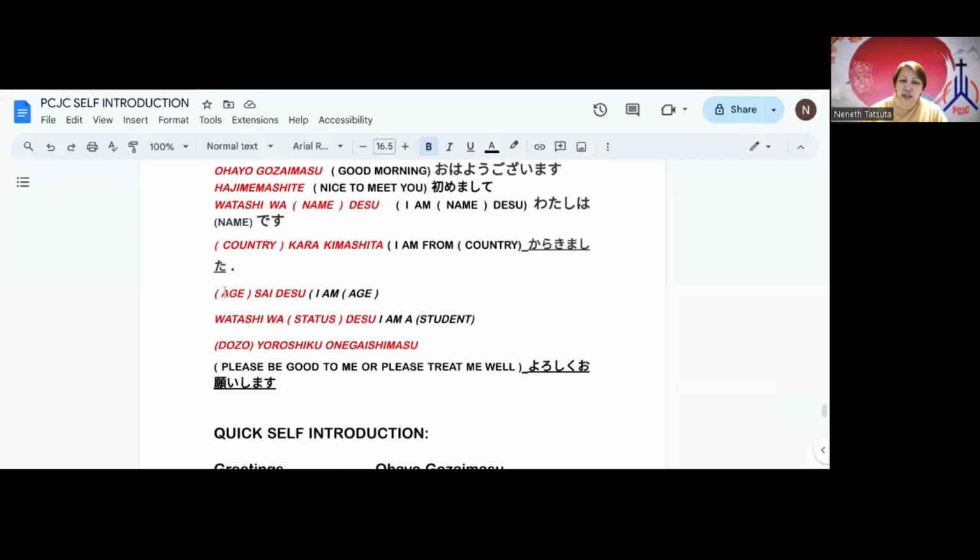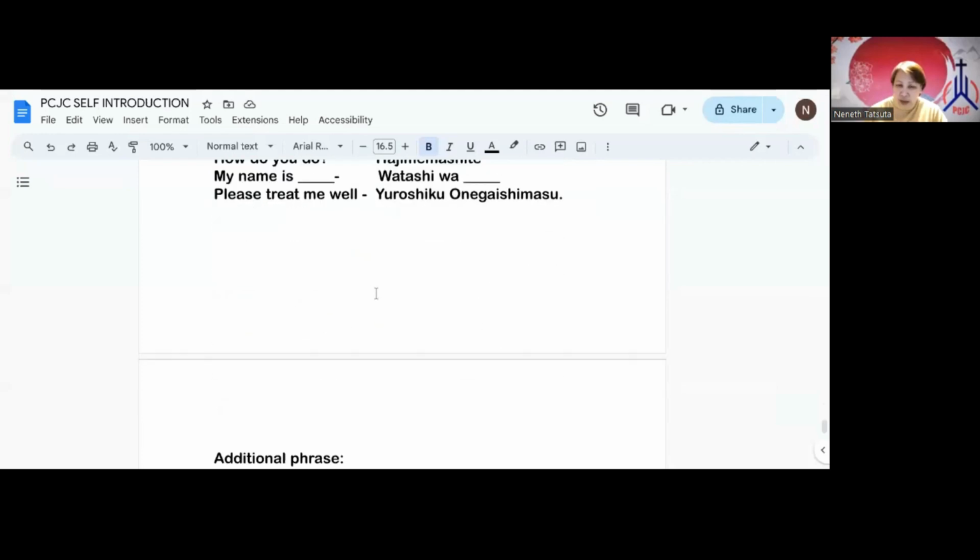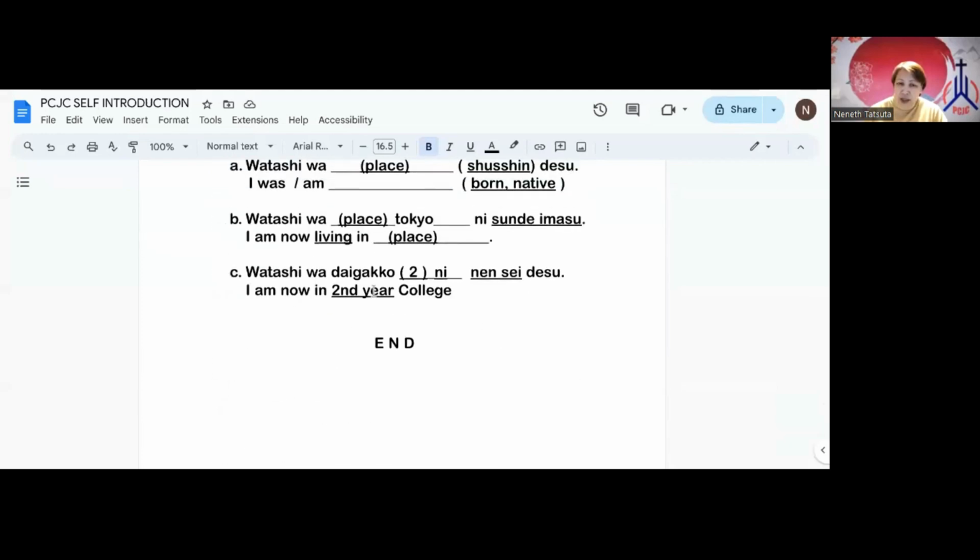Okay, my age, 55 desu. Watashi wa, your status can be watashi wa daigaku 2年生 desu. I am now in second year college. This is ninen. Nen means year. Sei means you are a student. You know already the ni, the number 2.